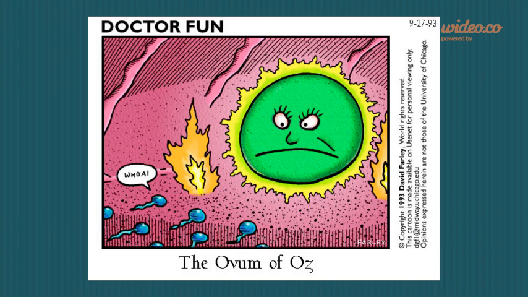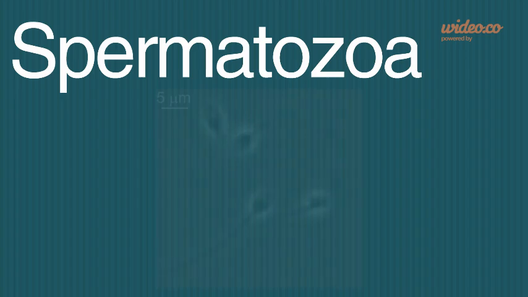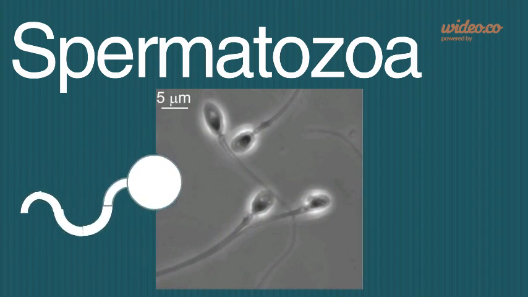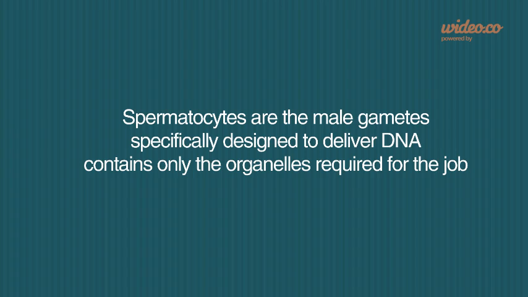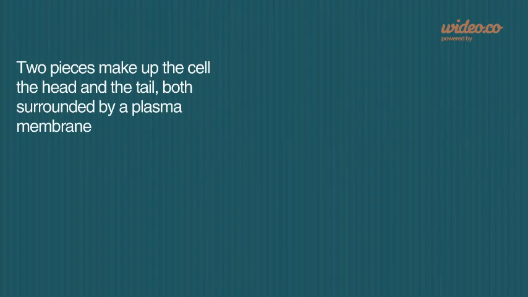The nuclear components of the ovum are the same as the spermatozoa. Spermatozoa are highly specialized for speed and efficiency in fertilization. They don't have any unnecessary cytoplasmic organelles like ribosomes, endoplasmic reticulum, or the Golgi apparatus.